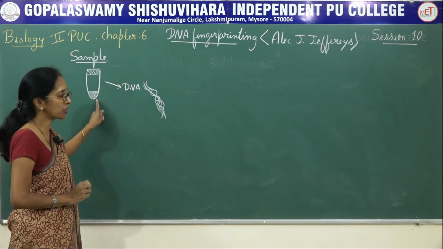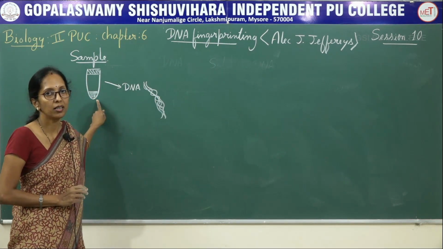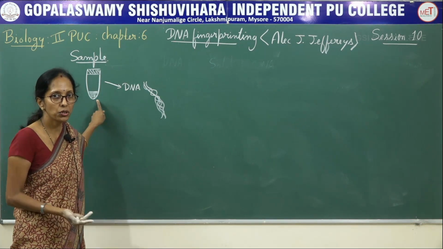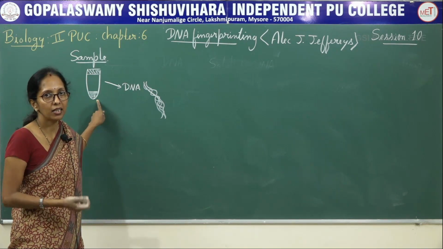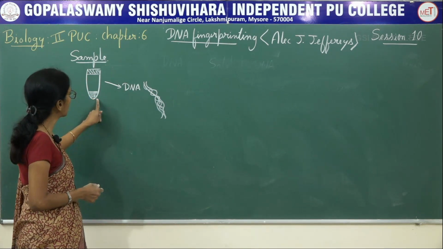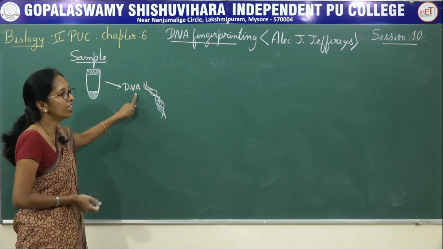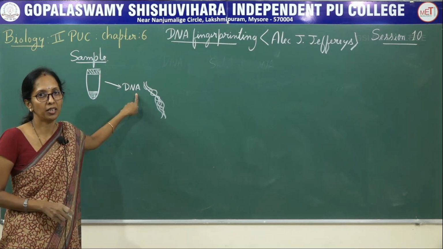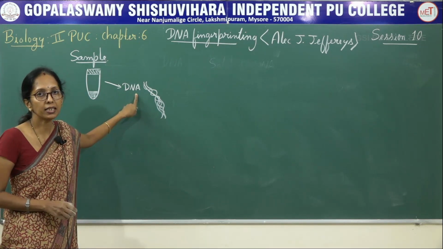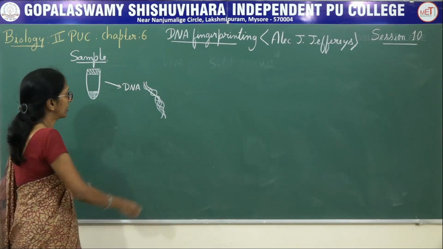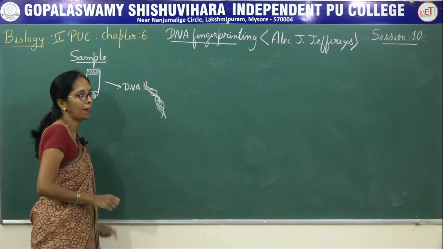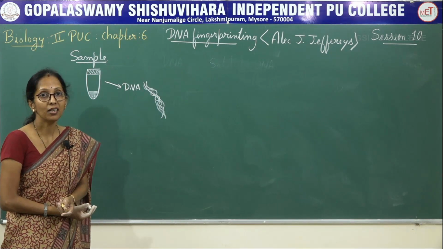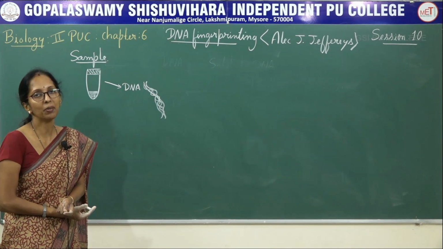So first, collection of sample from the crime spot, either blood, semen, tissue, hair, nail, etc. After the collection of sample, DNA is isolated by a method called refrigerated centrifugation. And this is the isolated DNA that contains variable number tandem repeats.